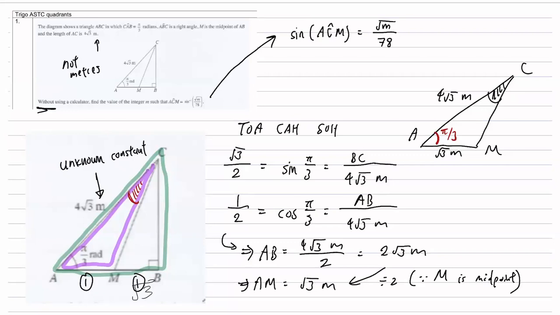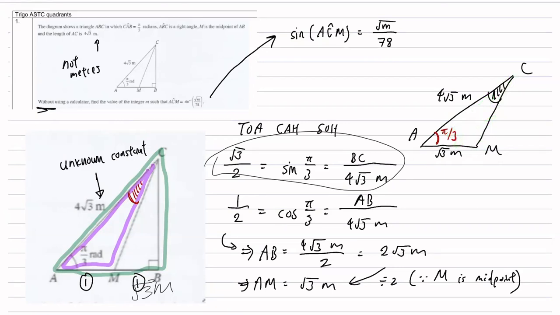MB is root 3m. Yeah, root 3m. Then BC you can find from this. Then you've got BM, you've got BC, so Pythagoras. Exactly. That's it. Then once you have this CM found, you can just use sine rule.